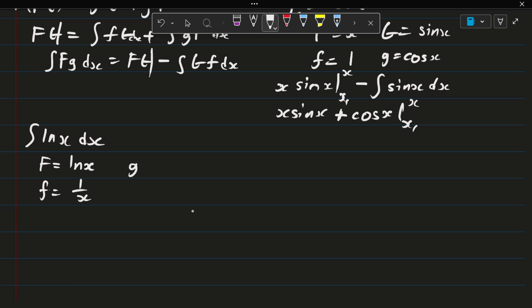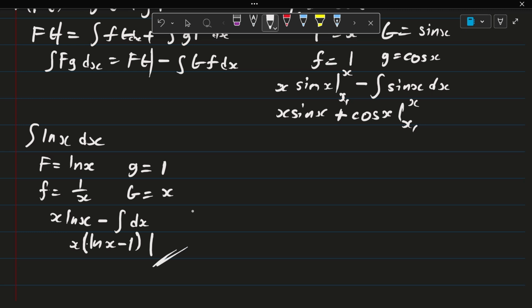But then that means that our g should be 1, or our big G needs to be x. And what we get is x natural log of x, subtract the integral of 1 over x times x dx. So what you get here is x multiplied by the natural log of x minus 1. Evaluate that for certain values.